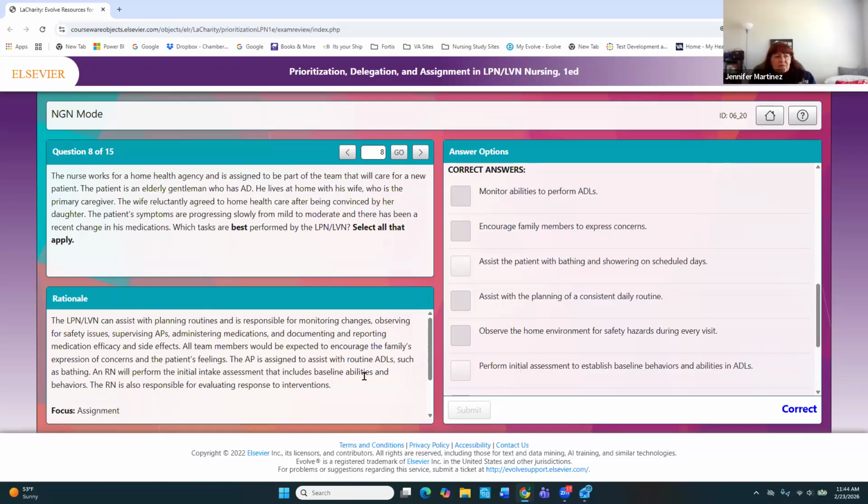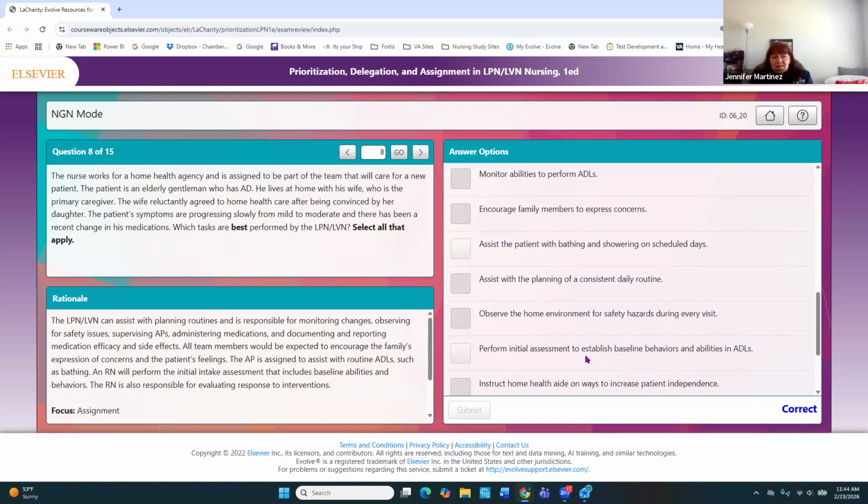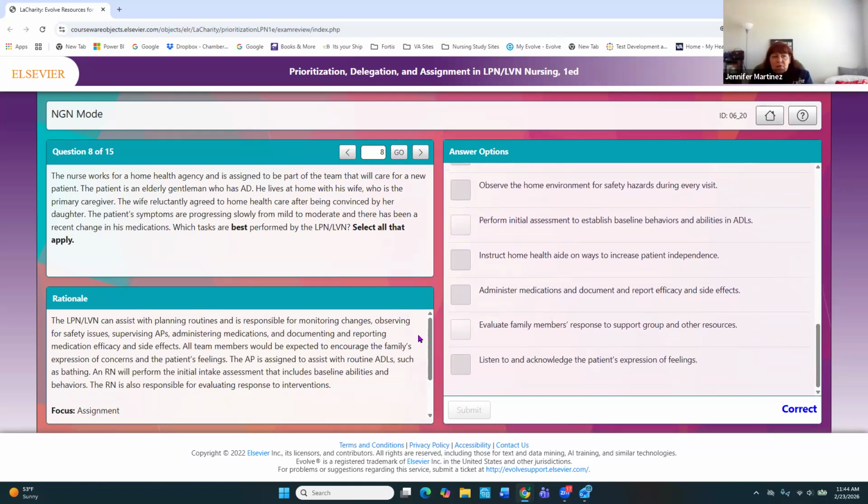The AP is assigned to assist with routine ADLs such as bathing, and then the RN would perform the initial intake assessment that includes baseline abilities and behaviors, and the RN is also responsible for evaluating response to interventions, right? So remember, when we look at evaluating responses, that is not something that LPNs can do independently. You would collaborate with the RN for evaluation. Good job.